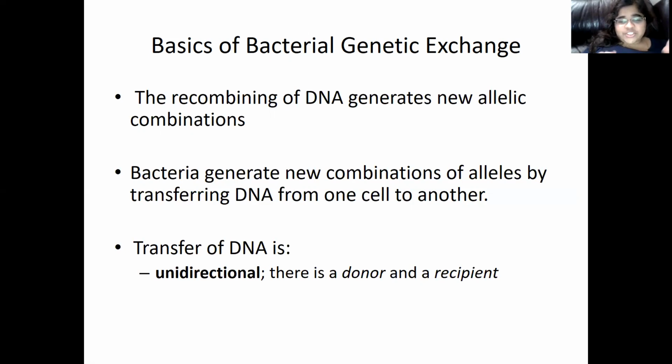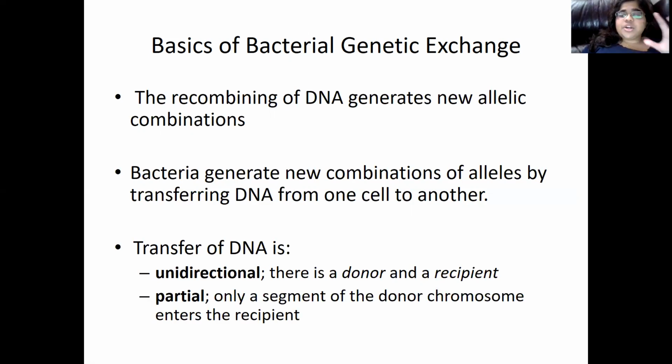It's only in one direction, unidirectional, between the donor and a recipient. And then you have only a partial transfer. So not the entire chromosome is moving into the recipient.